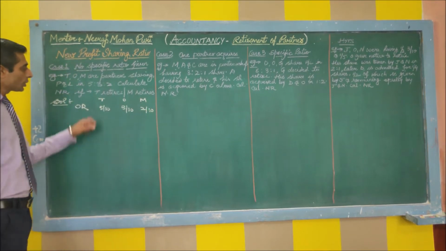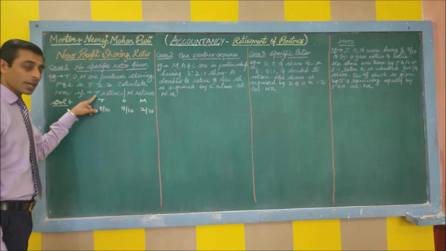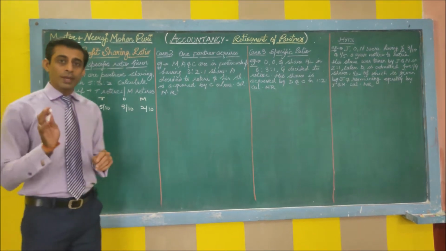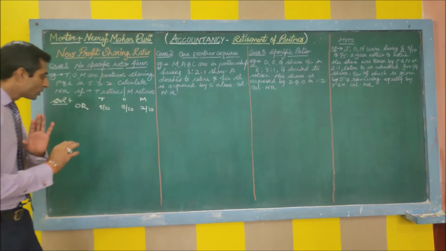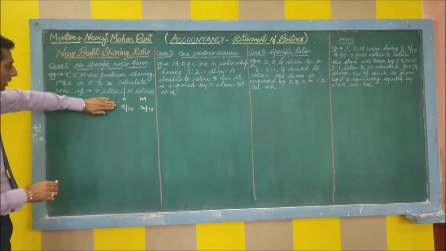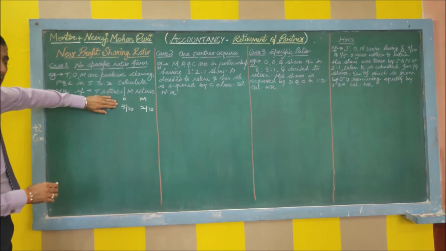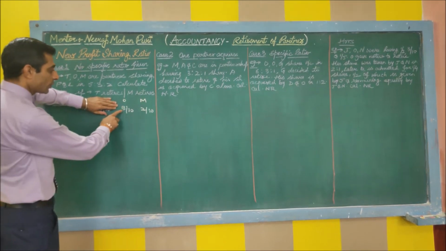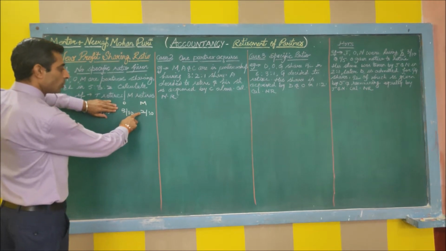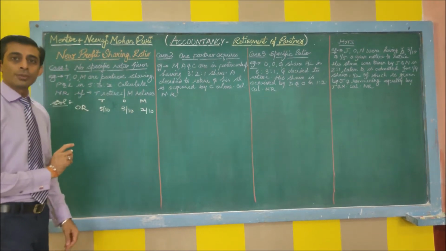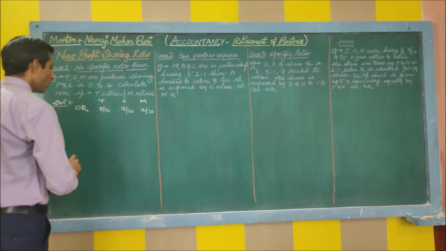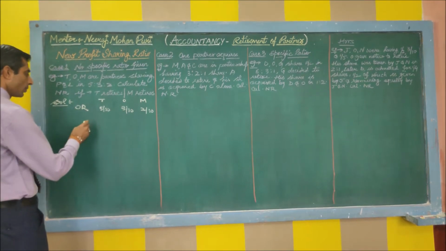In this situation, if T retires and there is no specific ratio given, simple method, cover the T, the partner who is retiring, and whatever is left, 3 and 2. So 3:2 will be our new profit and loss sharing ratio.